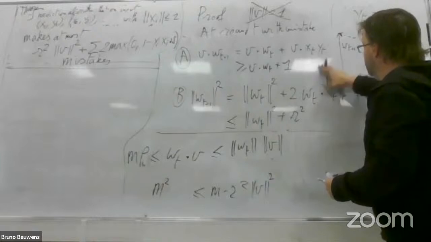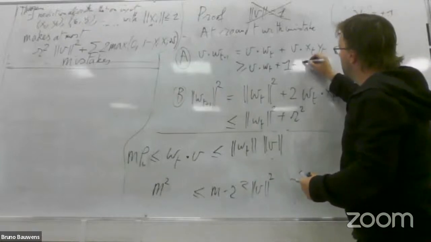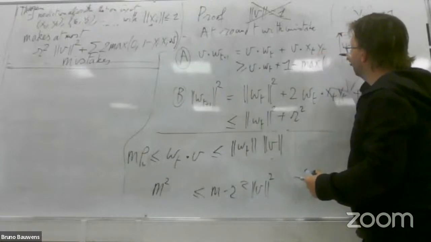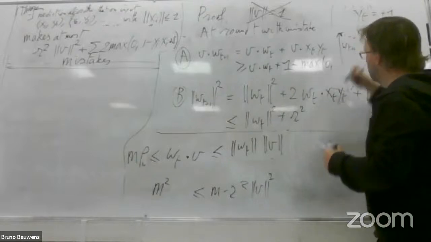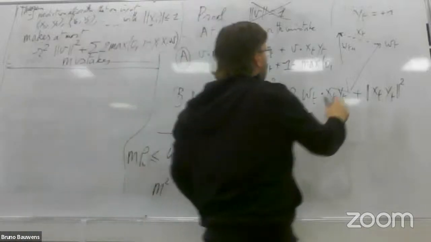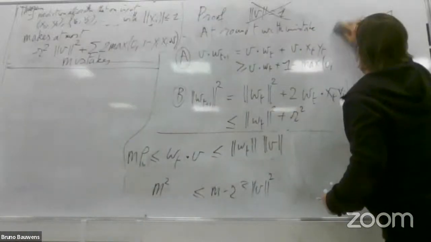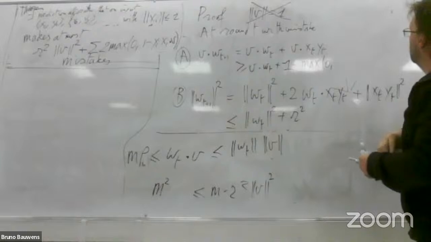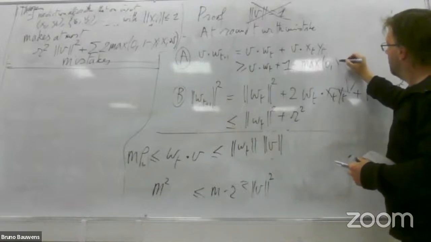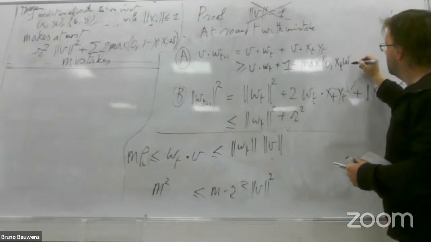And here we will say that this is bigger than 1 minus the maximum of 0 and the margin of x_t, w_t, and y.